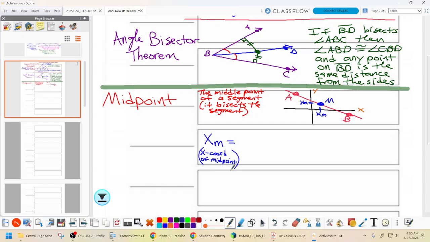Anyway, x coordinate of the midpoint is just the average of the coordinates, which means add them up and divide by 2. So average them. I'll show you how we did that, even though we were just looking at a graph. So add the two endpoint x's and divide by 2.